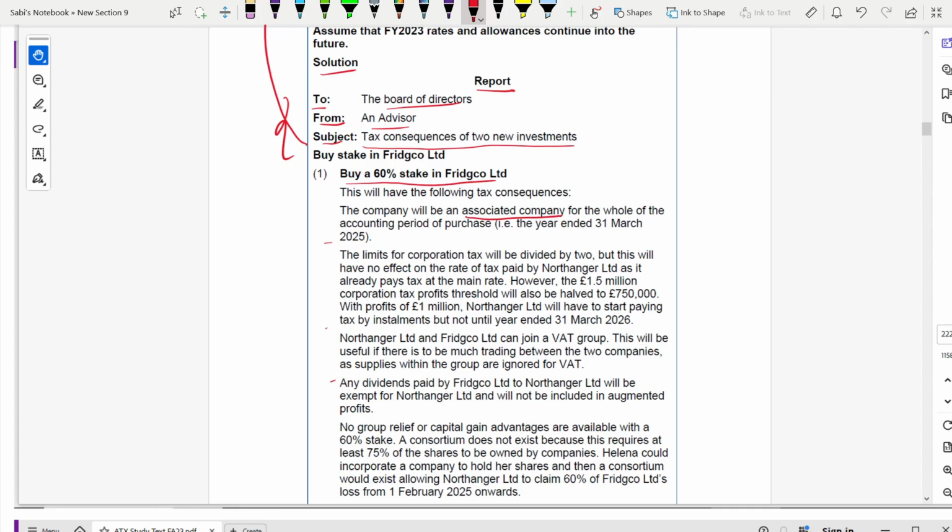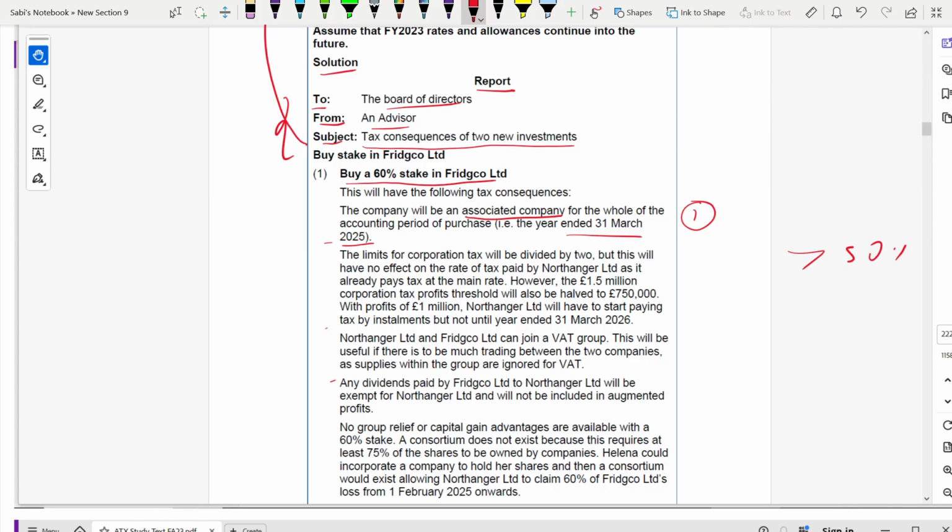This is number one, because based on this there will or will not be an impact. If you are buying a 60% stake, greater than 50%, it's a subsidiary, so the company will be an associated company, when you have purchased it for the whole year. Number one point is this, very important to identify that.